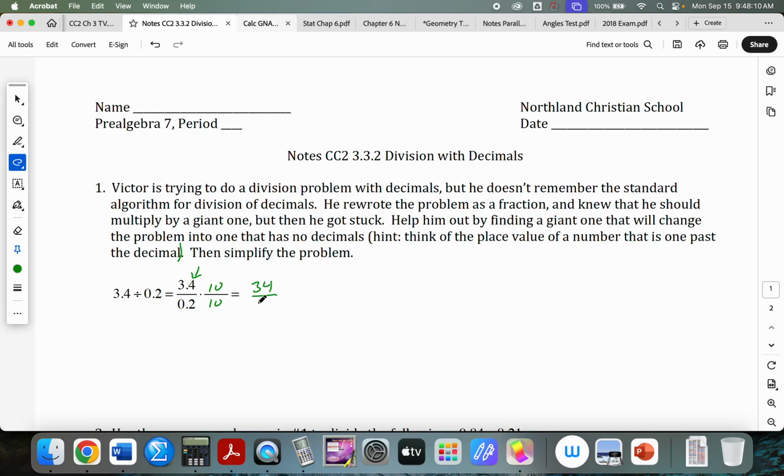And then you get 34 over 2, which is 17. 100 over 100 works, but now you've got bigger numbers. 5 over 5 works, but not very many people immediately look at 3.4 times 5 and go, oh yeah, that's 17. Some people can, and that's fine.